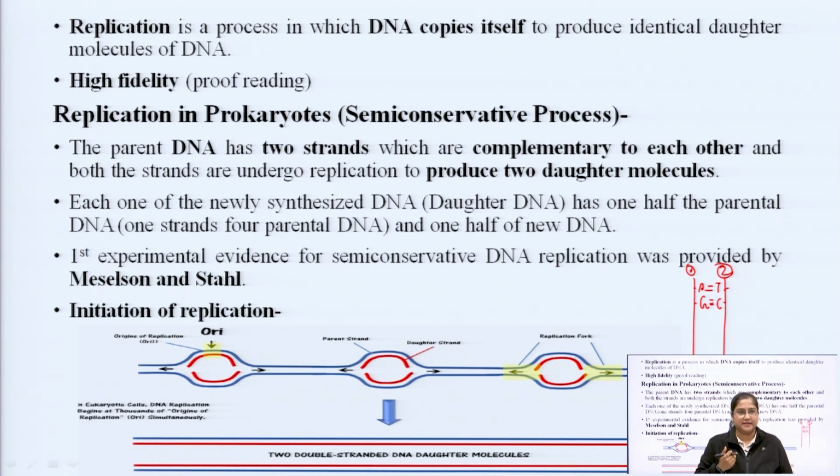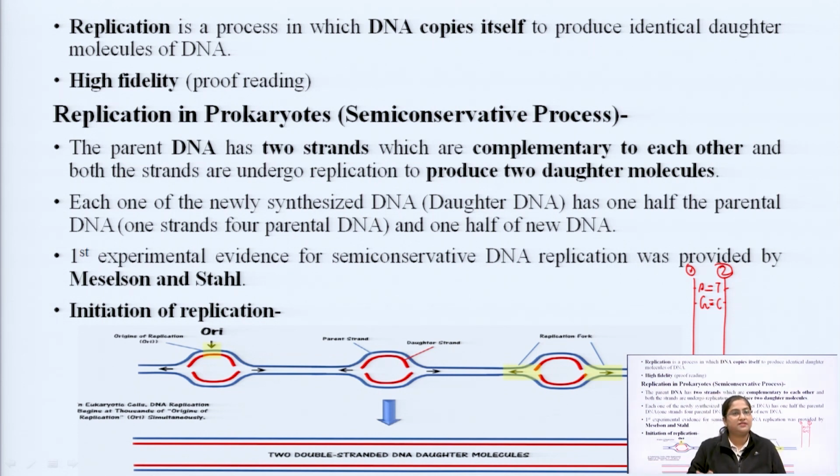So they are complementary to each other, they are not identical to each other. This function is called complementing each other. Both the DNA strands are complementary to each other and finally they produce two daughter molecules.